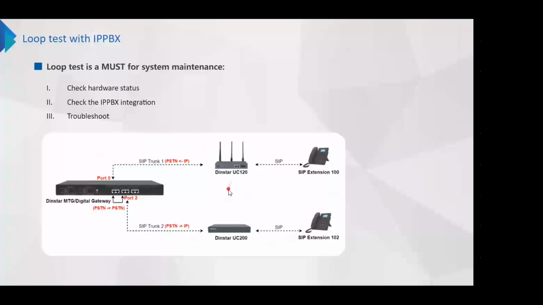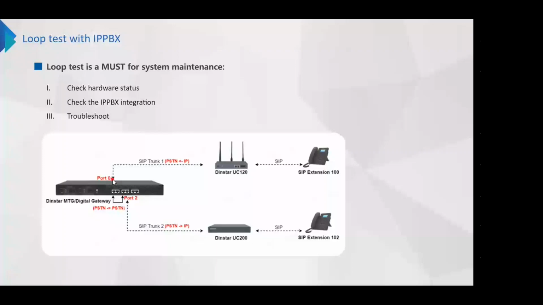Of course, you can also use a third-party PBX to make the connection. And here we have the extensions. You can use a soft extension or hardware extension, or a Dinstar phone or other brand. If you make a call to the first extension on the first UC, the call will forward to SIP trunk 1, which is linked to port 0.